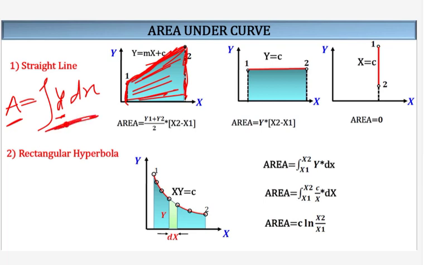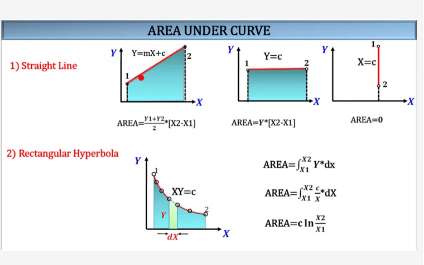So if somehow I can calculate this area, I will know the work transfer for this particular process. If I project it to the x-axis and calculate this area, it will give us the work transfer.